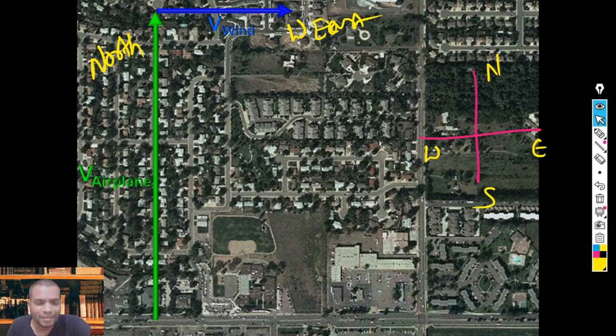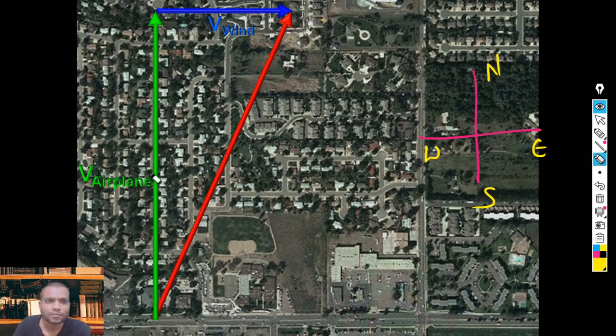Now because of the wind, will the plane's velocity and direction change? Yes, obviously the plane's velocity and direction change, because the two vectors are supposed to be added here. So that gives the resultant.